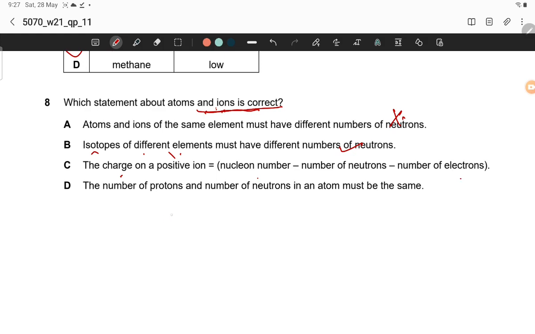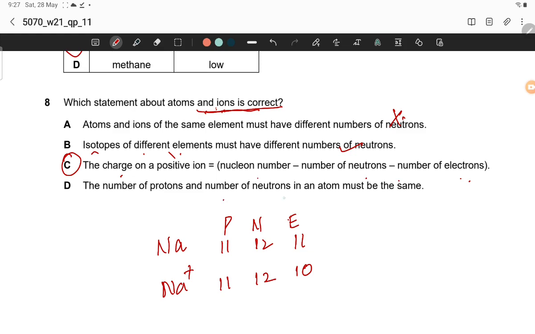Yes, because, for example, if sodium has 11 protons, 12 neutrons and 11 electrons, but the sodium ion has 11 protons, 12 neutrons and 10 electrons. So the charge on a positive ion is nucleon number minus number of neutrons minus number of electrons. Yes, this must be correct.